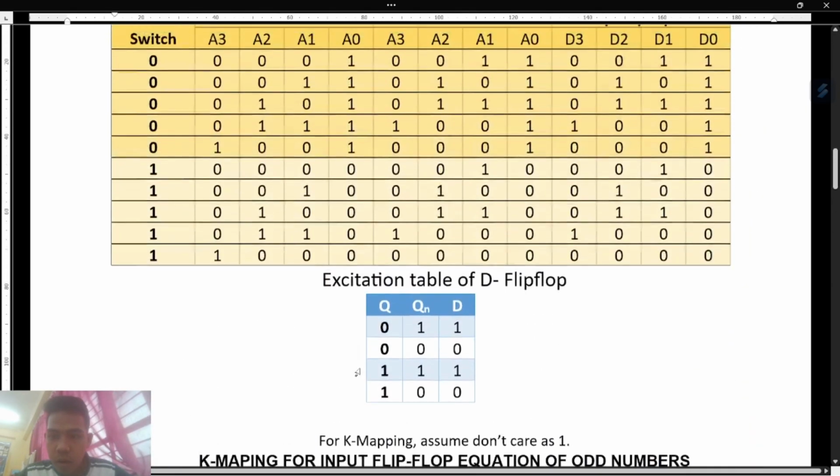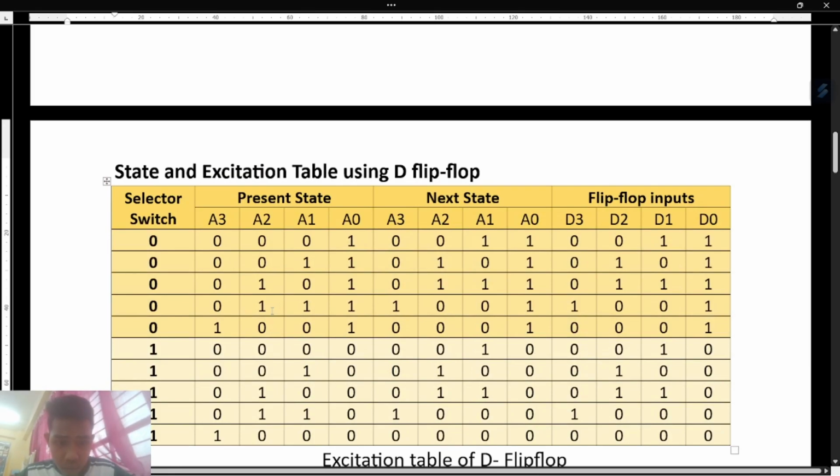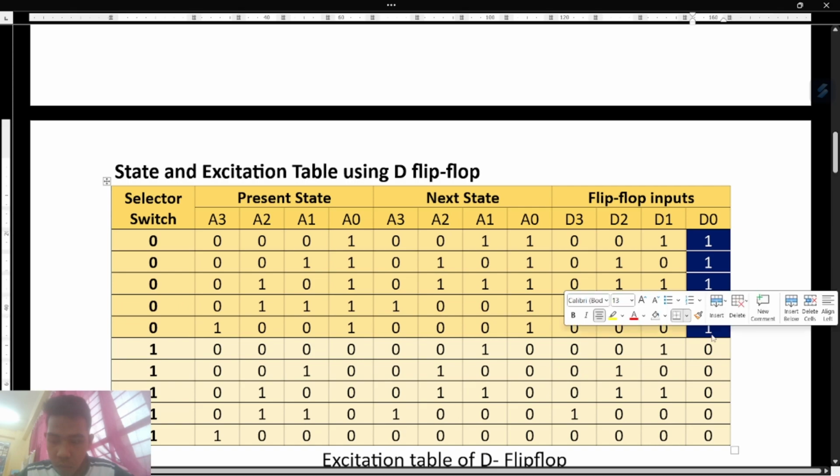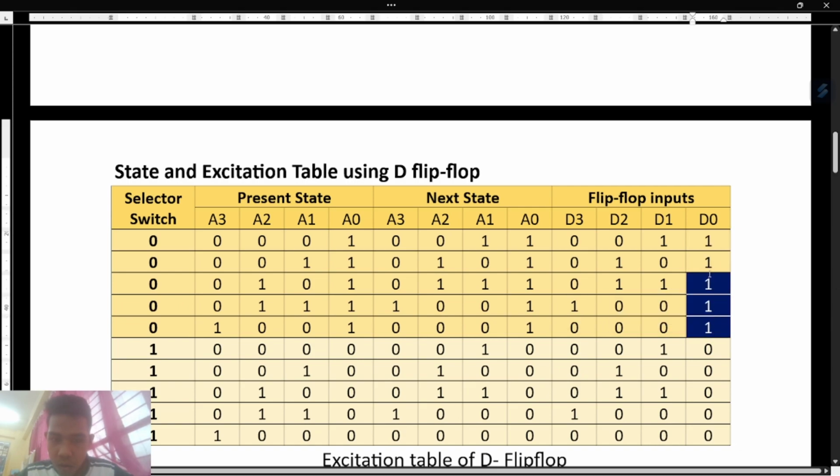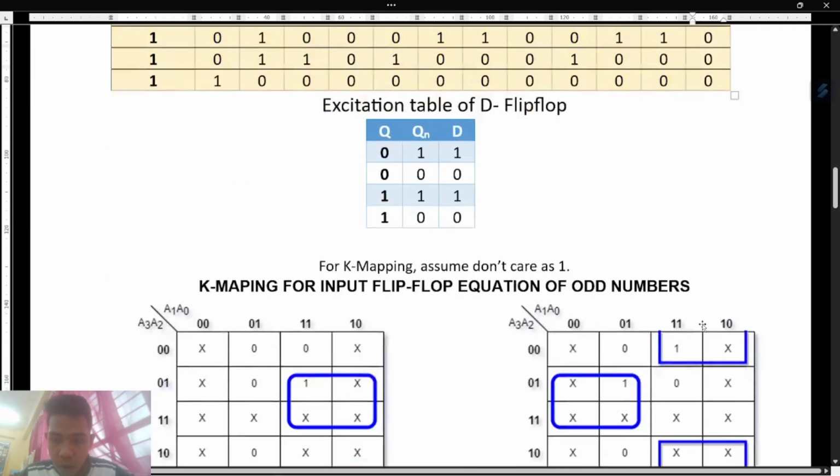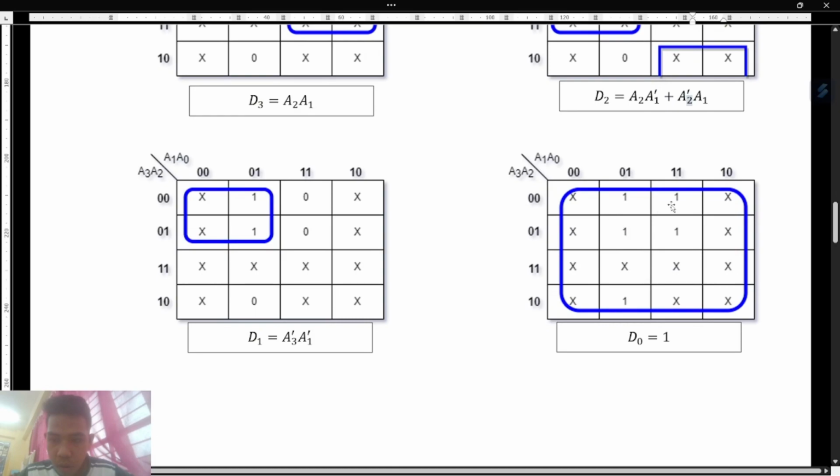Next is D0. D0, as you observe, all the combinations of odd are 1. So we assume the don't care as 1. So D0 is equal to 1 or VCC.